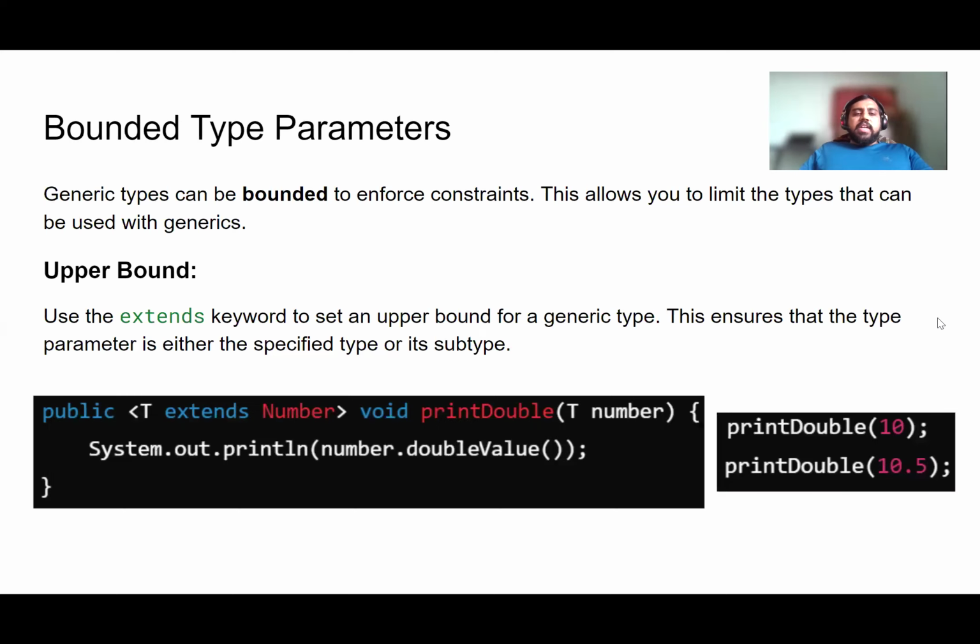Okay, bounded type parameters. Till now we discussed the types which we have to define at the time of creation of classes or at the time of calling a method, or if you write any collections, we have to define a specific type. But what happens if I want a range of types?